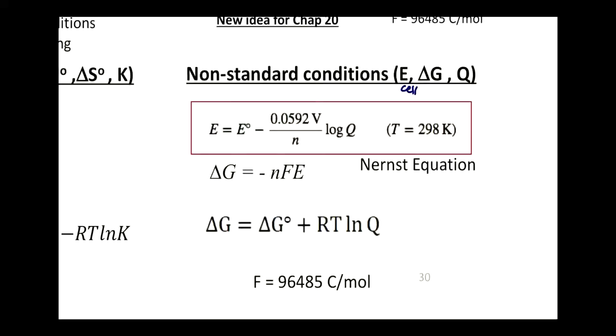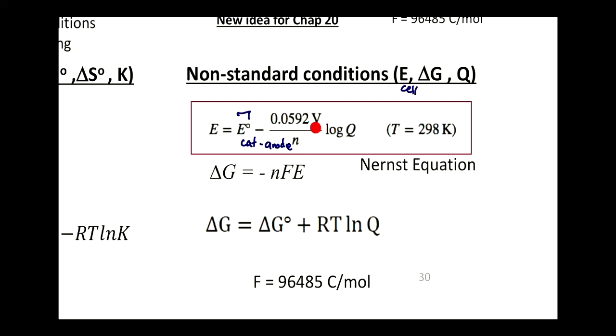To calculate E cell at non-standard conditions, you take the E cell at standard conditions. Note that to use the Nernst equation, you still have to do cathode minus anode using those table values. That's what this value is. But then we subtract this term with the log of Q. We take the concentrations that are actually there and adjust for those concentrations to get a new cell potential.